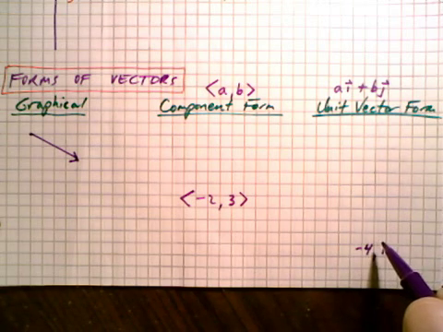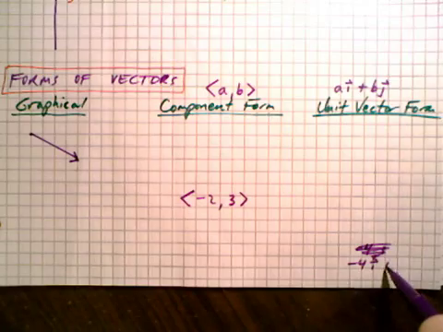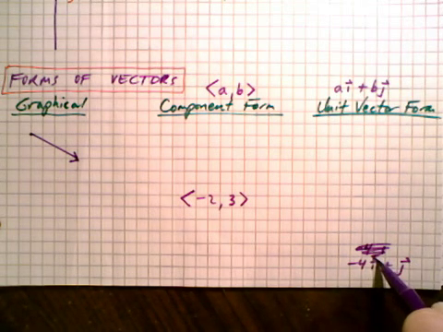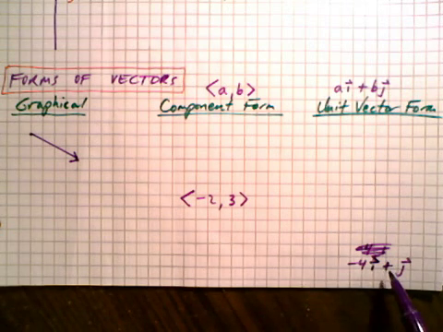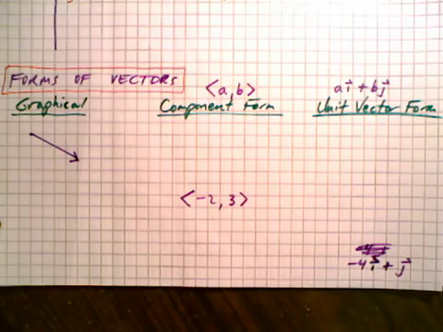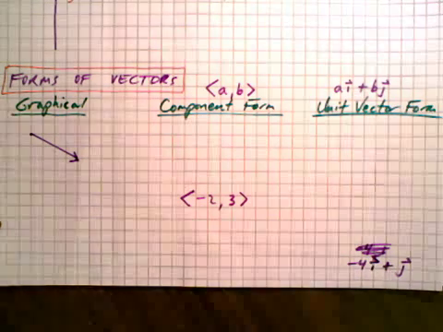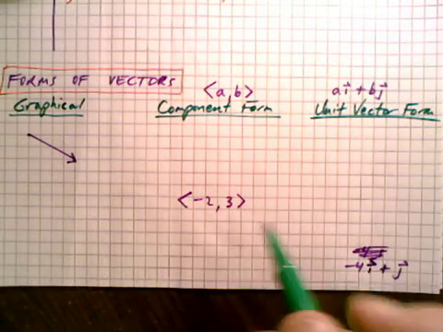Oops, wrong form: -4i plus j. Okay, so -4i plus j. And I want you to express this vector in component form, and also the graphical representation of that vector. So this is where I want you to pause the video and fill in the details, and it'll be the second of 3 videos. Okay, so pause video. Here we go.